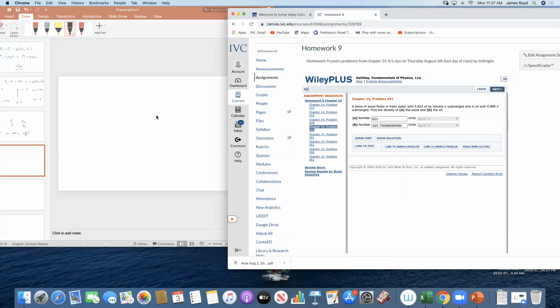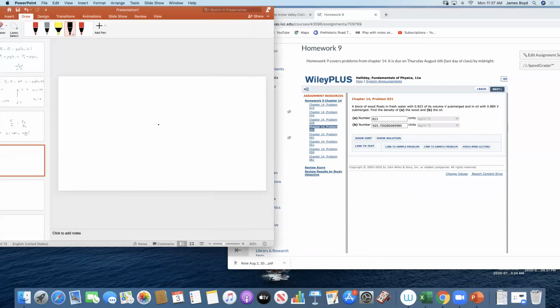And then the block of wood problems, like the one that we did on the quiz. Now this is buoyancy. And buoyancy, really the equation is ma equals the force of buoyancy minus the weight mg. However, mg for an object is its density times its volume.